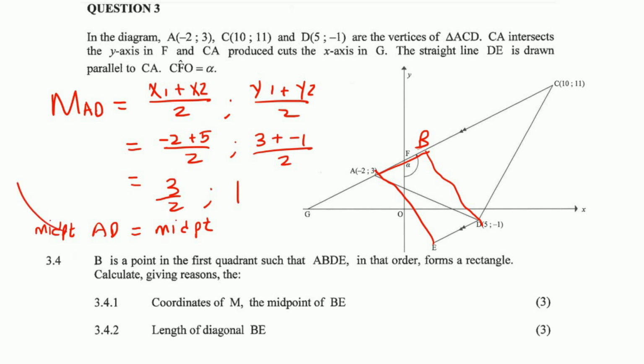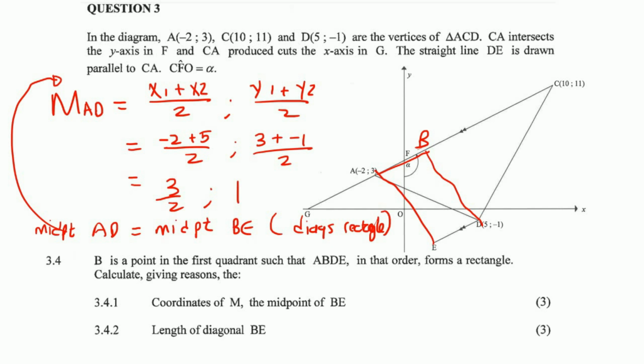I should have said this in the very beginning, actually. Why? Because these are the diagonals of a rectangle. It's a property of rectangle diagonals. It's also a property of parallelogram diagonals, rhombus, square, and so on.